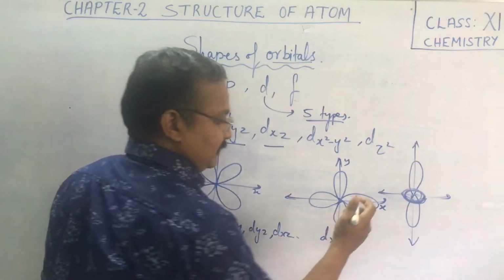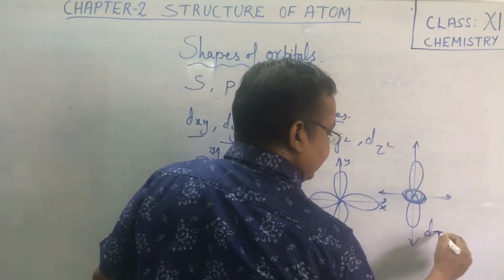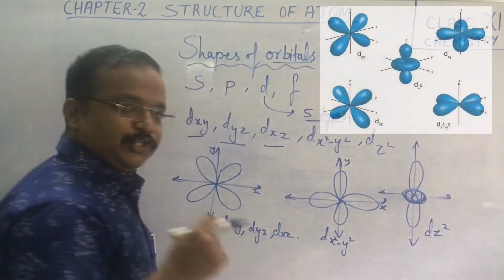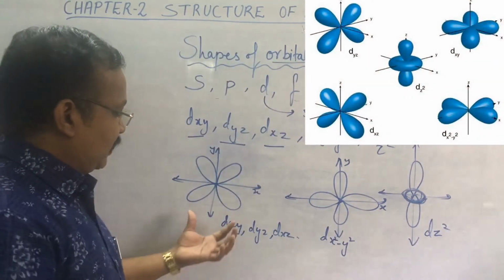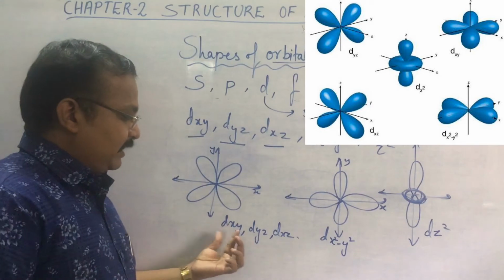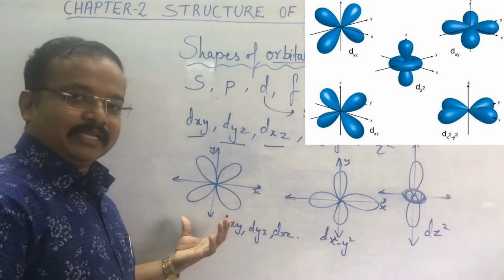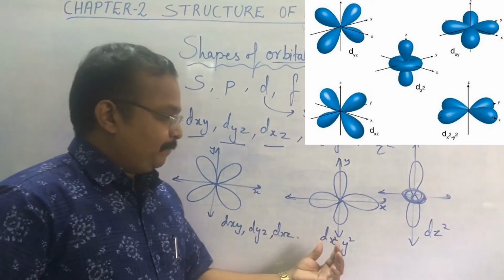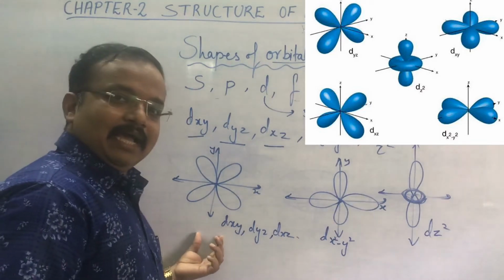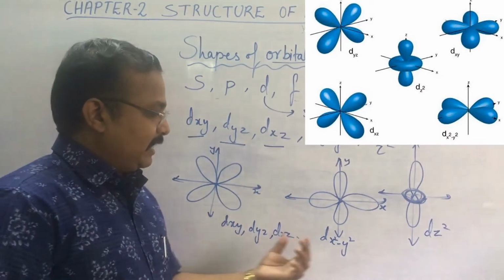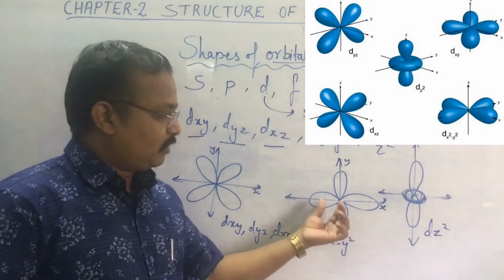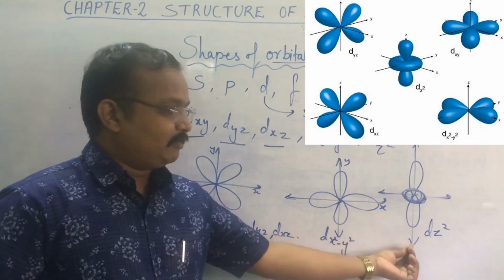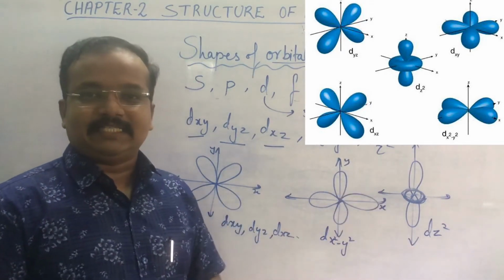So this is our dz square shape. Okay, so we have 3, dxy, dyz, dxz, having a similar shape, and that is in between the axes, and dx square minus y square on the axis, and the last one is dz square.